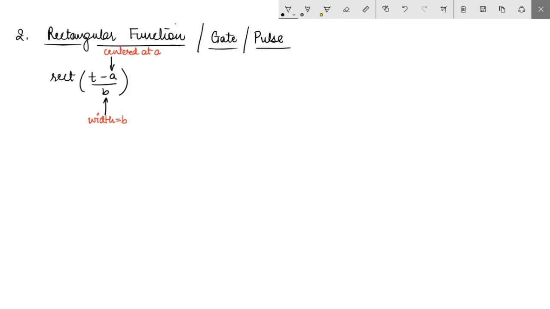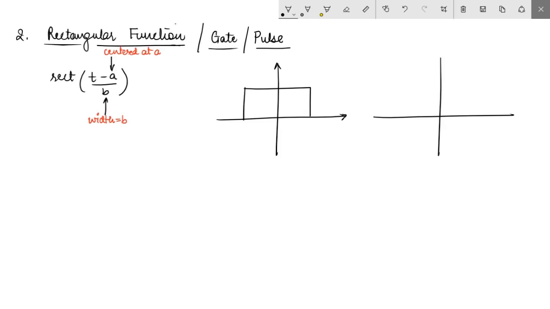A very commonly used rectangular function in our course is when we try to find the Fourier transform or inverse Fourier transform of a Sinc function, and we know that that is a rectangular function, but how to represent it? So we know that if you have a function x(t) whose value is 1 between minus t1 and plus t1, its Fourier transform is defined as 2 sine omega t1 upon omega.